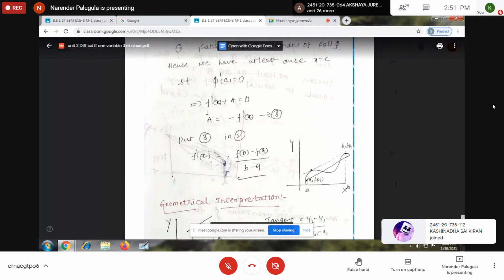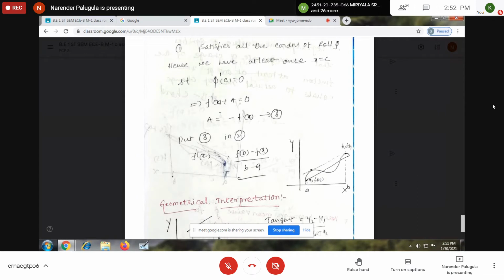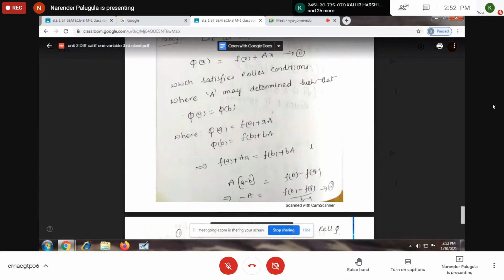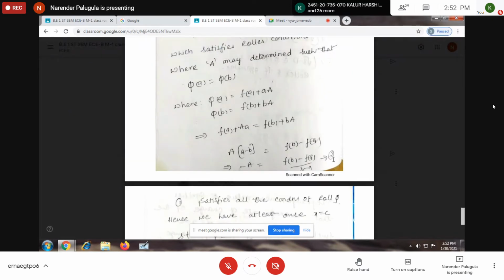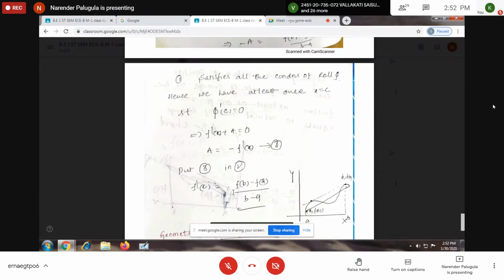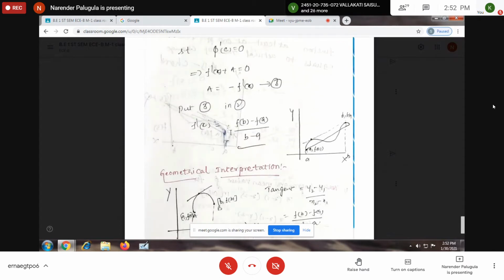By putting c in phi dash x, we get A is equal to minus f dash c. Already we got the A value from equation 2. Substituting the A value in this result, we get the conclusion of Lagrange's mean value theorem, that is f dash c is equal to f of b minus f of a by b minus a.